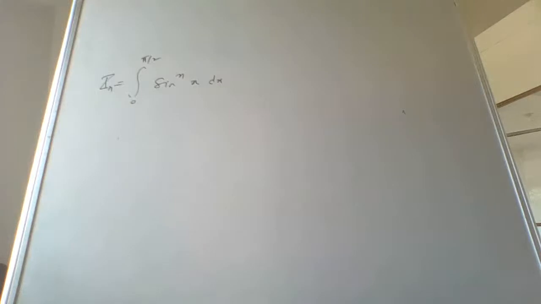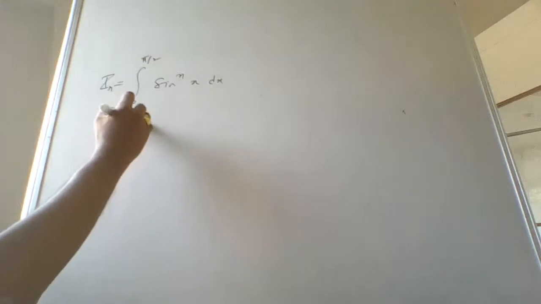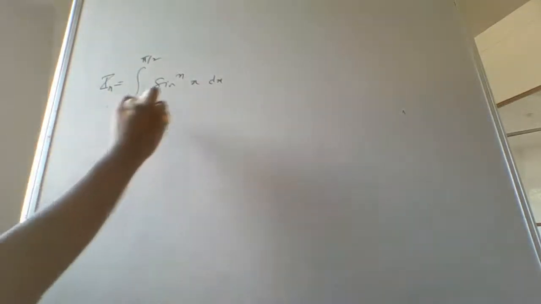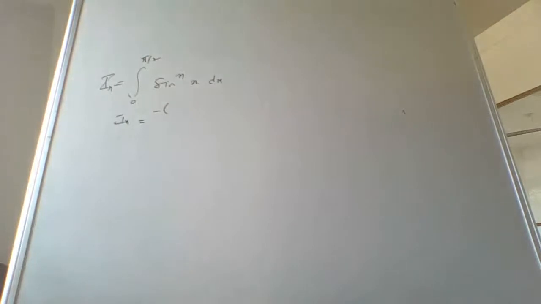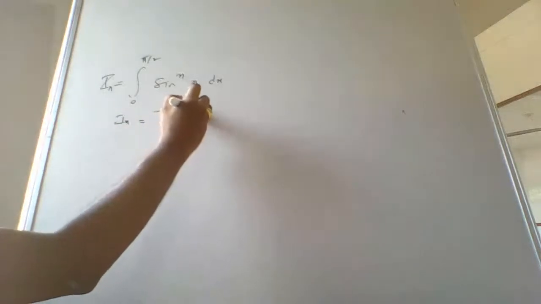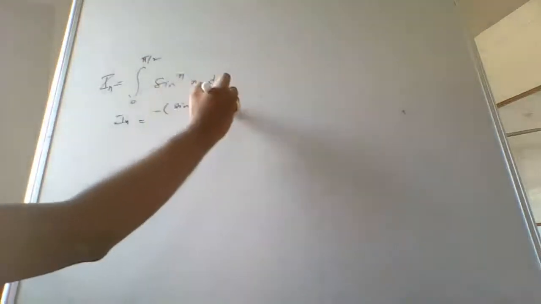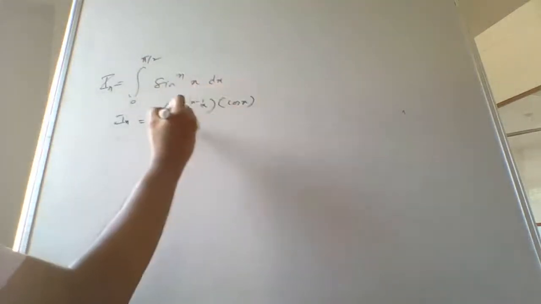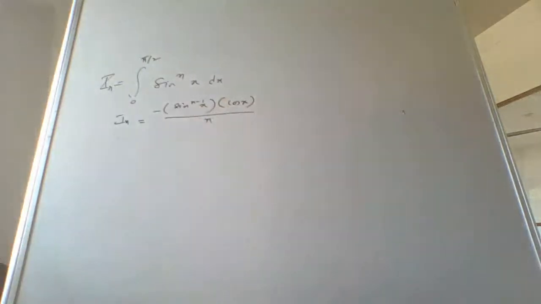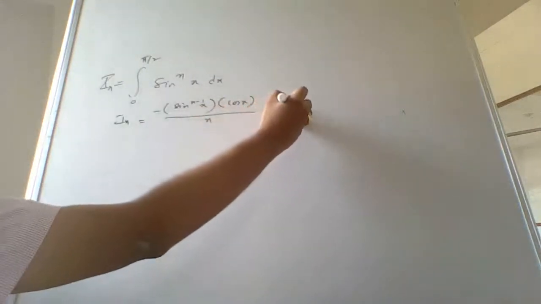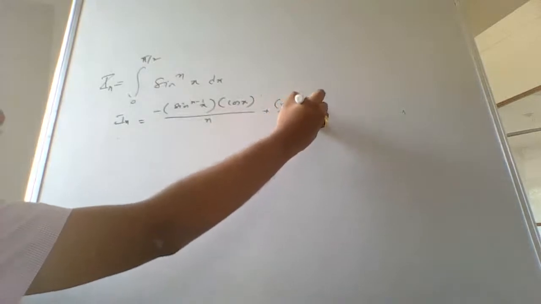We know that I n is minus sine n minus 1 x into cos x, plus n minus 1 divided by n I n minus 2.